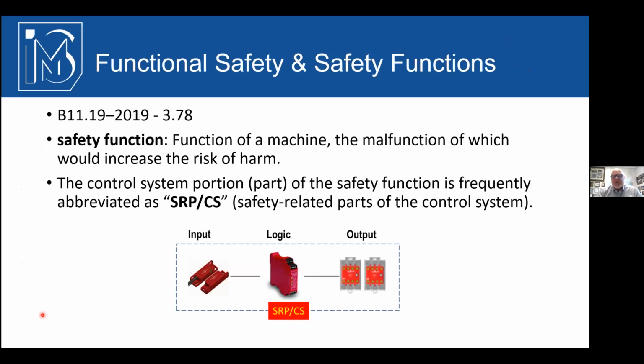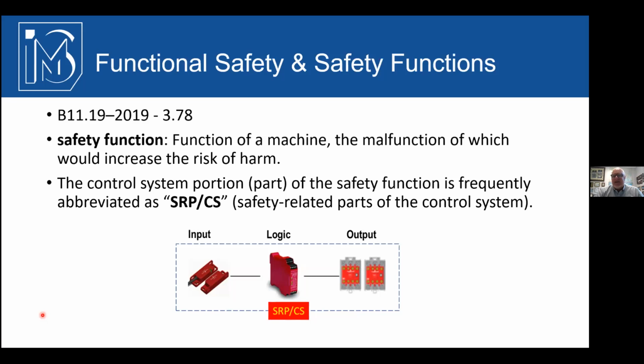It's basically the part of the control system that's safety rated, the functionality of which, if it malfunctions, risk would increase. That's a roundabout definition, but it's essentially the circuits, the components, the design of it.